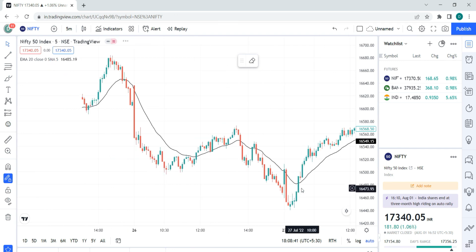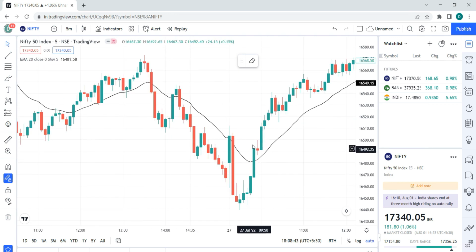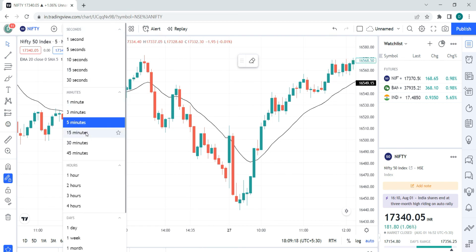You can see once the crossover happens with a good green candle, how the stock or Nifty has moved. Yeah, you can consider this for intraday if you are doing it. So what we saw first was the 50 and 200-day moving average, which is used on a 15 minutes chart or a daily chart, and this 20-day moving average you use on a 5 minutes chart, or if you want a better signal you can also use it on a 15 minutes chart.